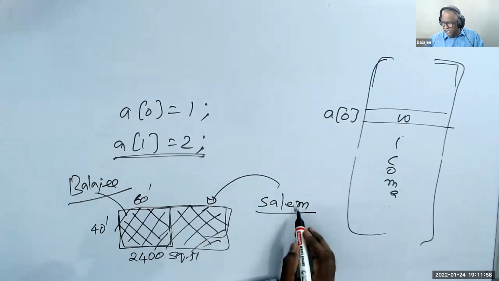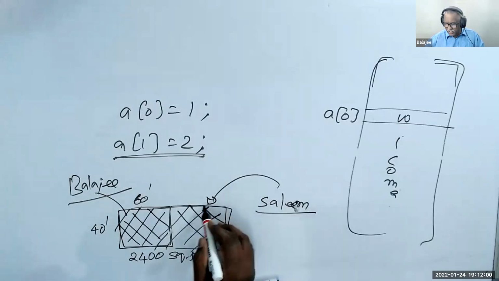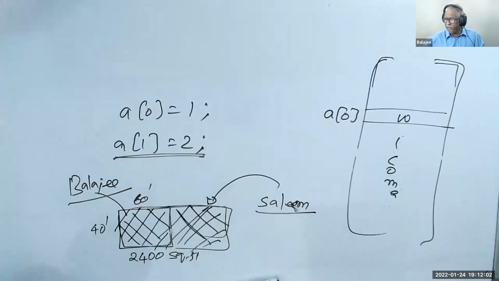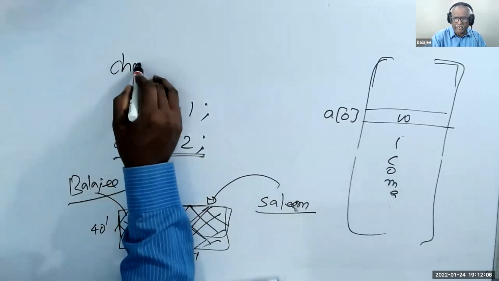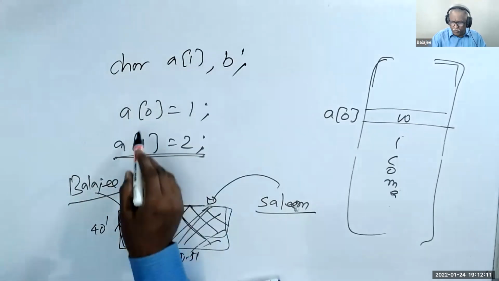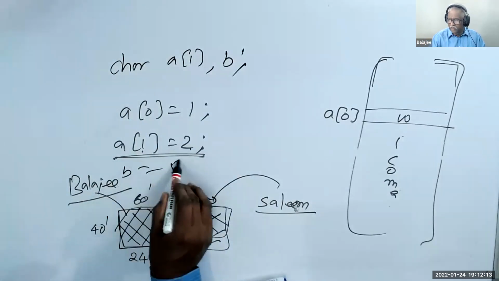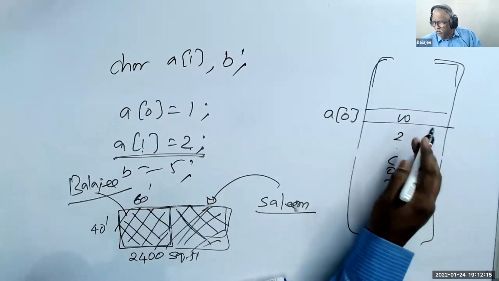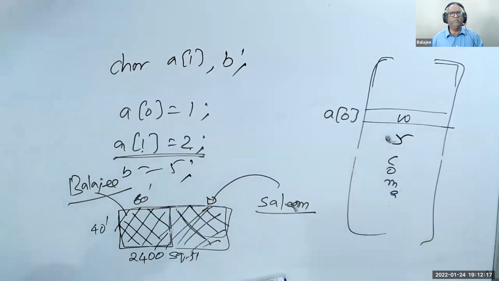Now, Salim comes and occupies, and he will demolish your building. Same thing here. If you declare character A of 1, comma B, and now you say A of 1 is 2 and B is equal to 5, the 2 will be overwritten by 5. Please understand that.